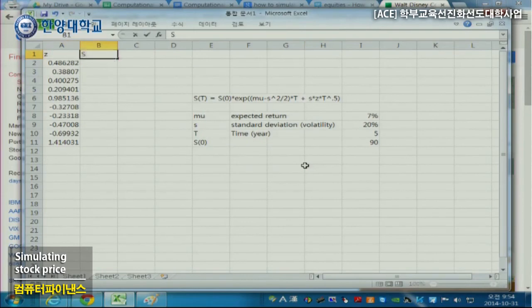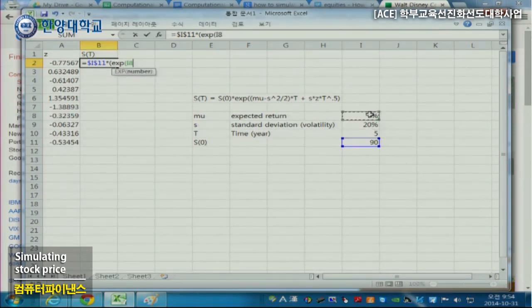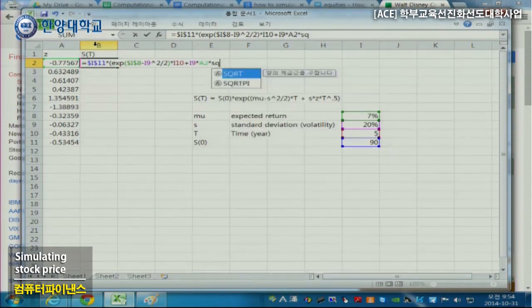Then the stock price at time t later, we can simulate as the stock price of today multiplied by the exponential function of mu minus sigma square divided by 2, multiplied by time to maturity, plus sigma multiplied by this random number, and then the square root of the time to maturity.